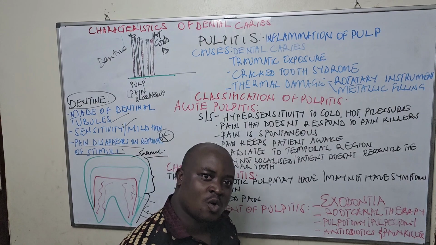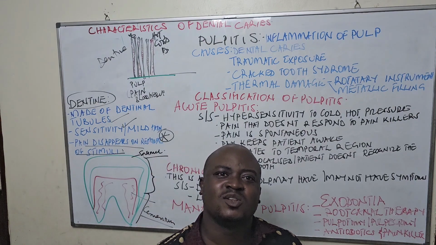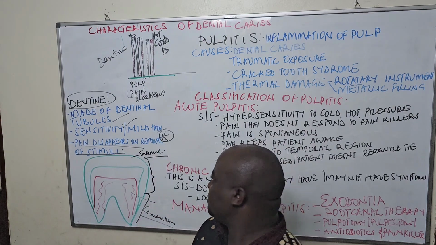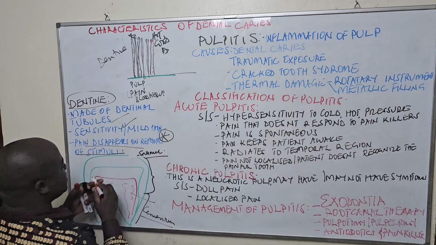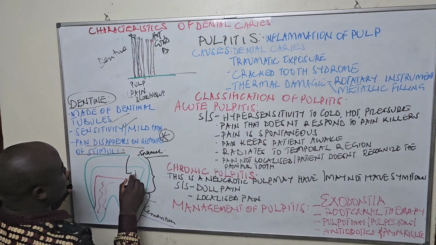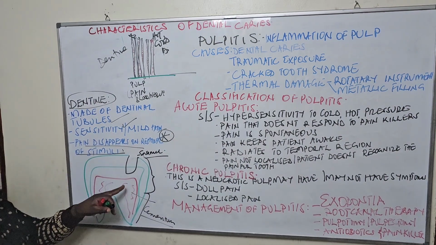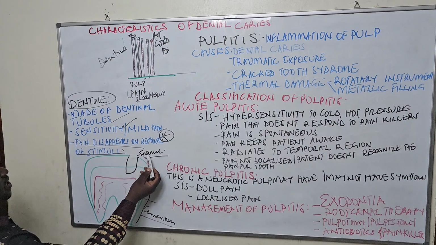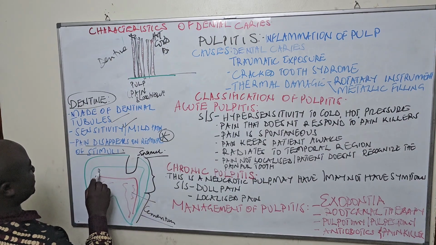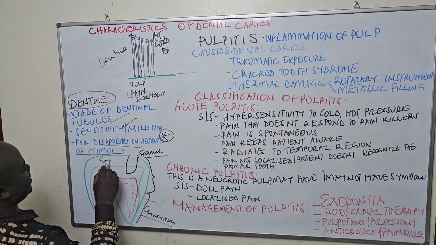Usually, once you have dentinal caries, you have a hole which has reached around here. Enamel, and this is the dentin. This is enamel.